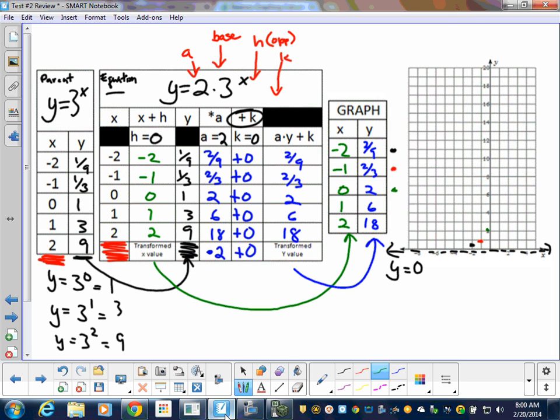So I graph 0, 2. Okay, here's the next one. I graph 1, 6. So there's the point 1, 6. Graph 2, 18 is the point over 2, guys, up 18.